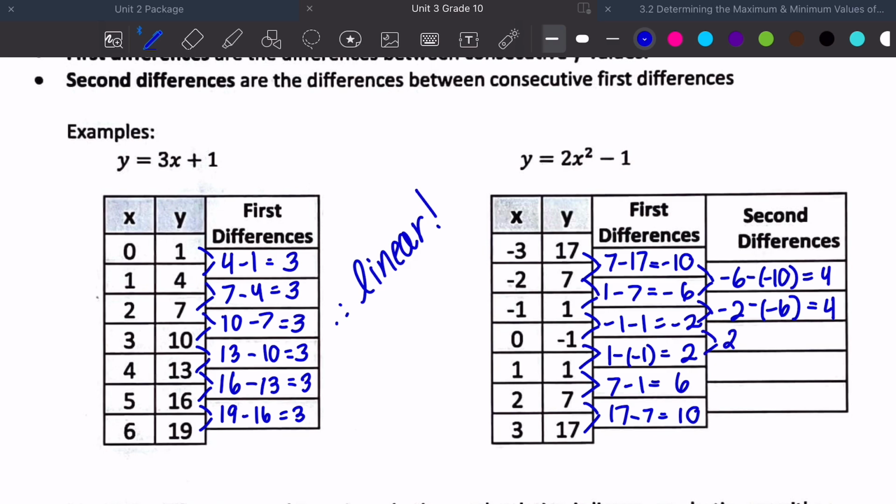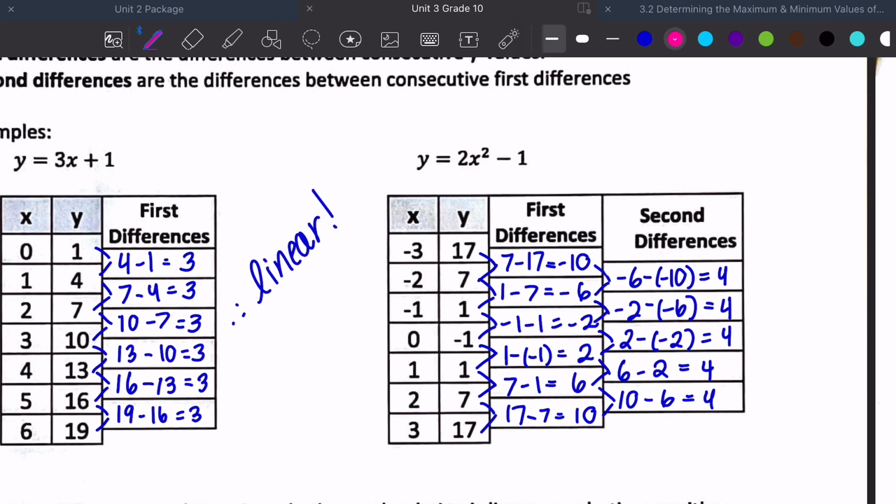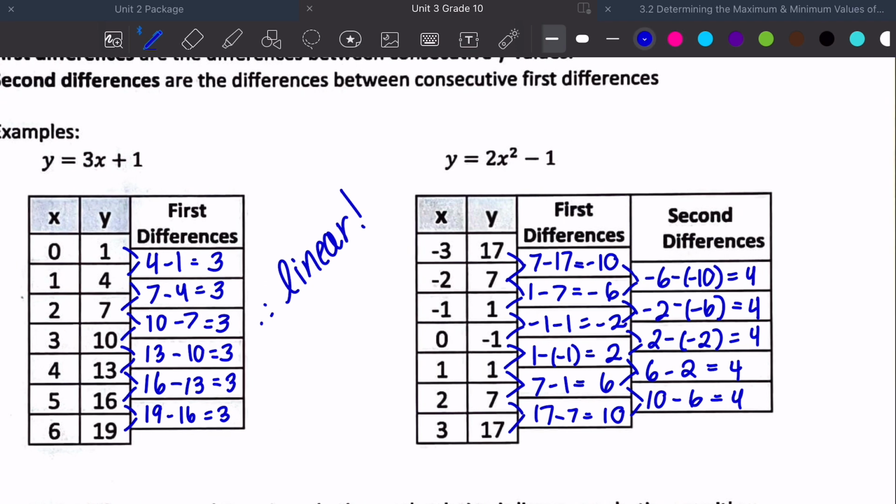And you can see where this is going. 2 minus negative 2, positive 4. 6 minus 2, 4. And 10 minus 6, 4. So therefore, this one is quadratic.